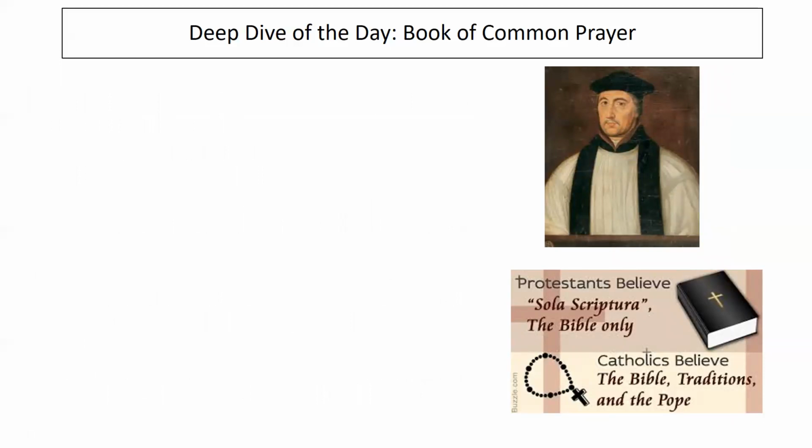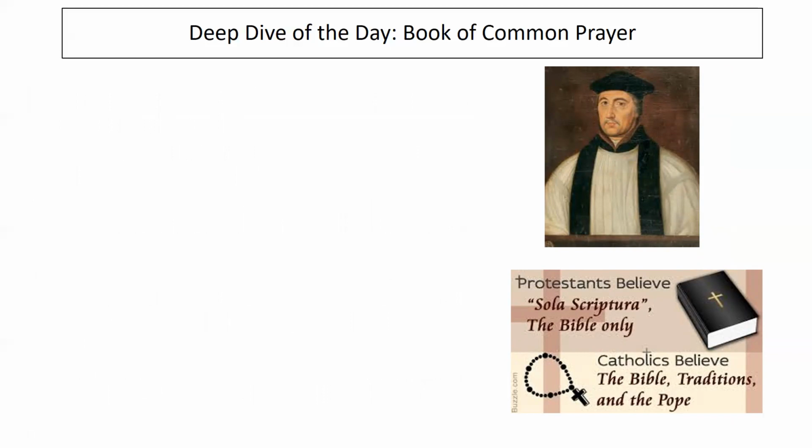Now, Protestants and Catholics have a few key differences, but the most striking is this one. Protestants believe in the idea of sola scriptura, which is the Bible only. If it's in the Bible, it is Christianity. If it is not in the Bible, it is not Christianity.